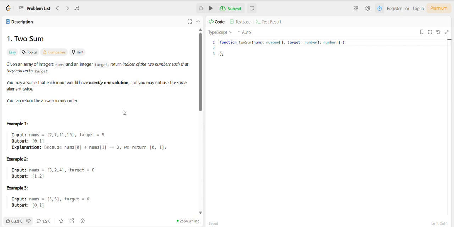Well, we get that by subtracting the number from target, because that leaves us with the number that we should have, and then we check whether we have seen that number or not. If we have seen it, then that means we found the last and the first of those pairs, and now we can return that as an answer.